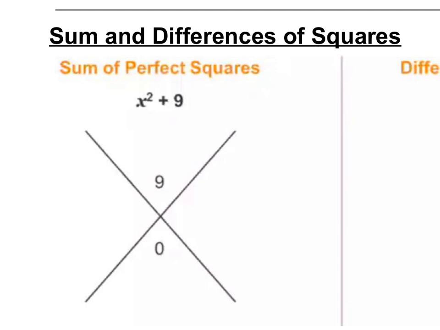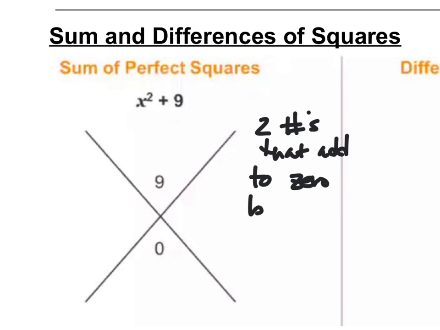On this one, let's talk about the sum of perfect squares, okay? And so let's ask the question: I want two numbers that add to 0 but multiply to 9, okay? And the answer to that is that there are none.